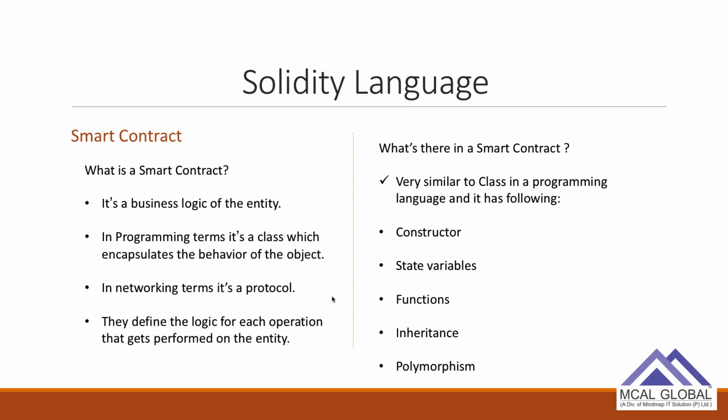Now let's jump on to the smart contract. What actually is a smart contract? Now my platform is ready. Ethereum is providing me a blockchain, and on top of that blockchain, I want to run some entity. For example, I want to create a new currency on top of Ethereum. Ethereum allows you to create your sub-currency, called tokens in this case.